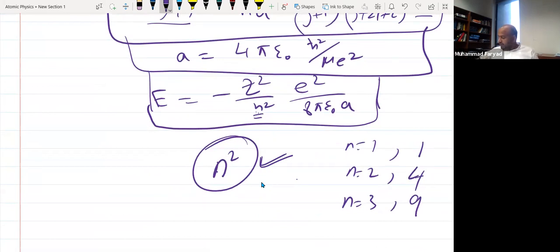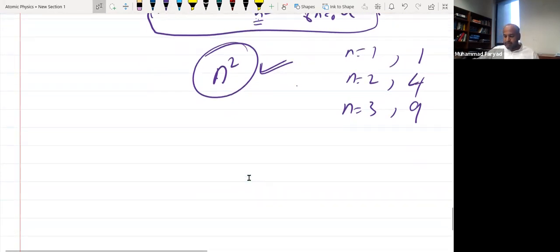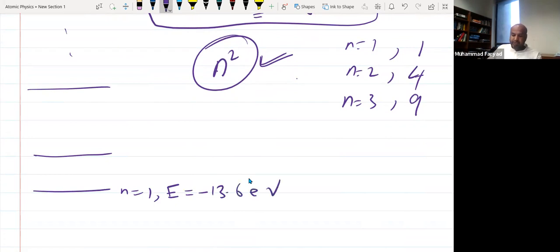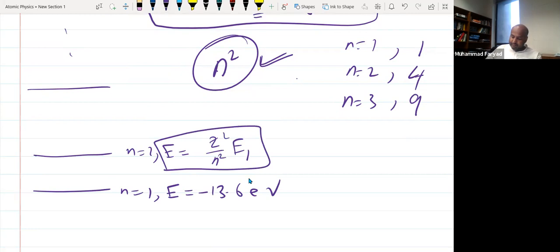Okay, so if we talk about the energies of these hydrogen-like atoms, it's like this. For n equal to 1, we have a certain value of energy. If you work it out, this is minus 13.6 electron volt, and for n is equal to 2, the value of energy is z square over n square E1.